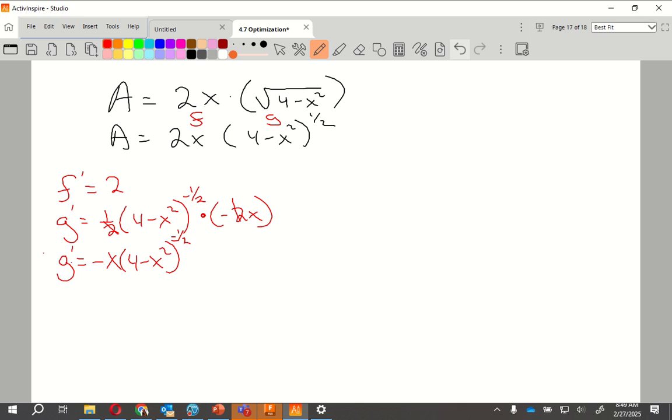So, product rule now. So f prime g, so dA/dx is f prime g, 2 times 4 minus x squared to the 1/2, plus g prime, which is my negative x quantity 4 minus x squared to the negative 1/2, times f, which is 2x.